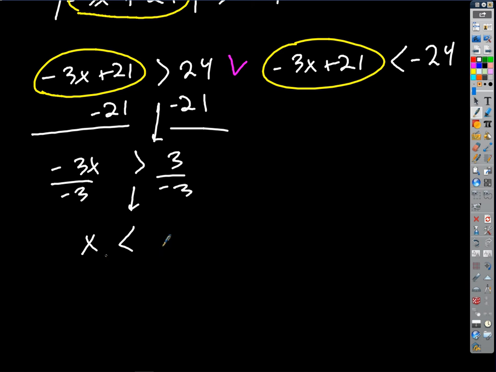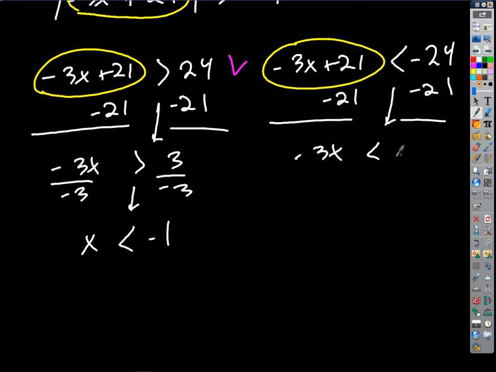I get x is less than negative 1. On this side, I go through the same steps. So negative 3x is less than negative 45. Divide by negative 3, and I get x is less than positive 15? Or greater than, sorry, I gotta flip it, don't I?